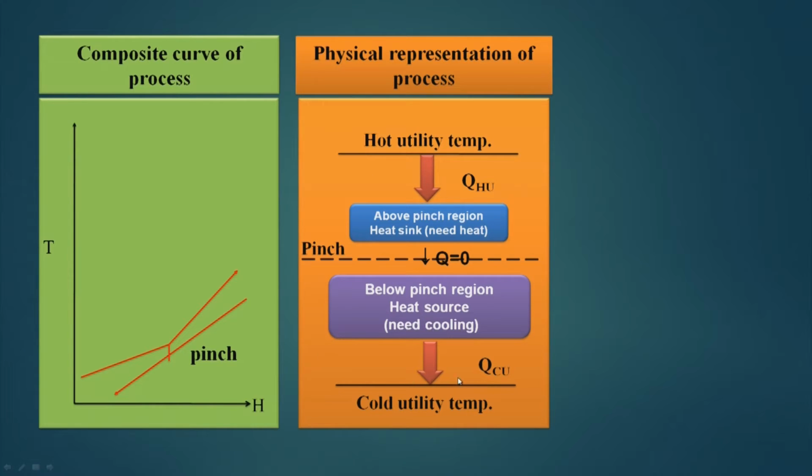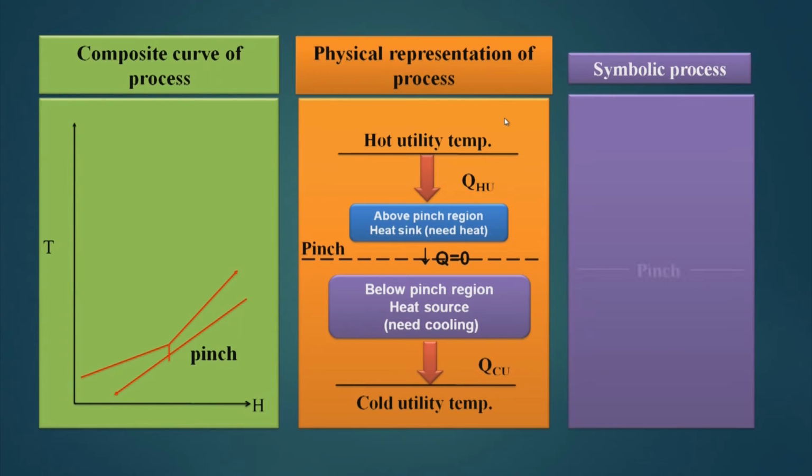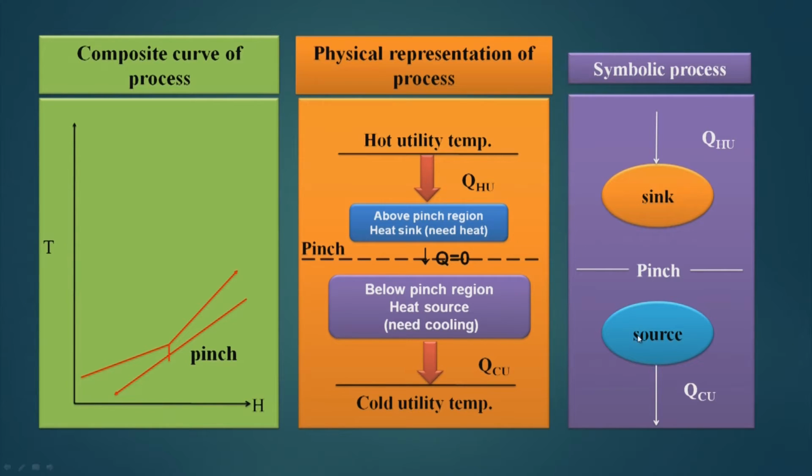So, the whole process works under two temperature levels, that is hot utility temperature and cold utility temperature, and this is the above pinch region and this is the below pinch region. So, this is the physical representation of the process, and the symbolic representation is this. This is pinch, this is sink, this is source, this is QHU and QCU. And once we know this representation, we will use this for our integration purpose.